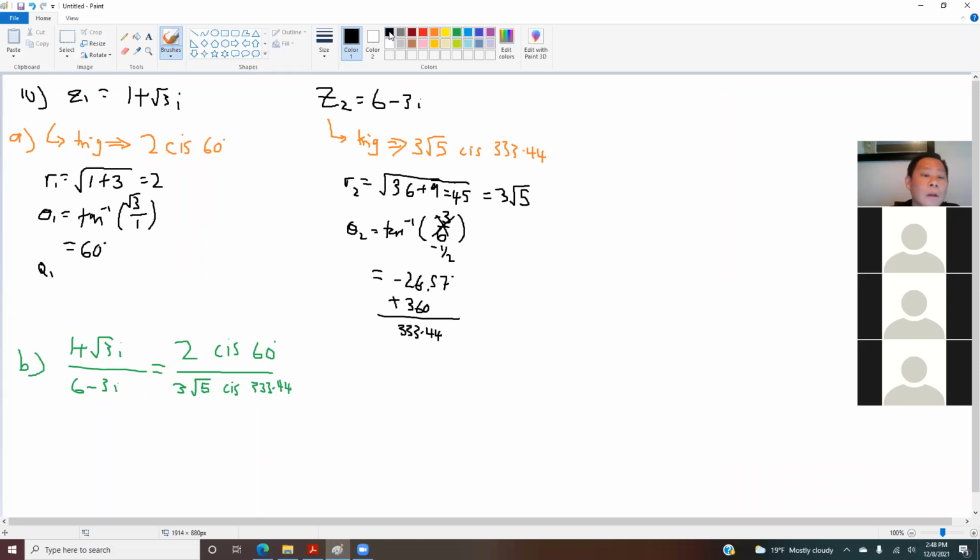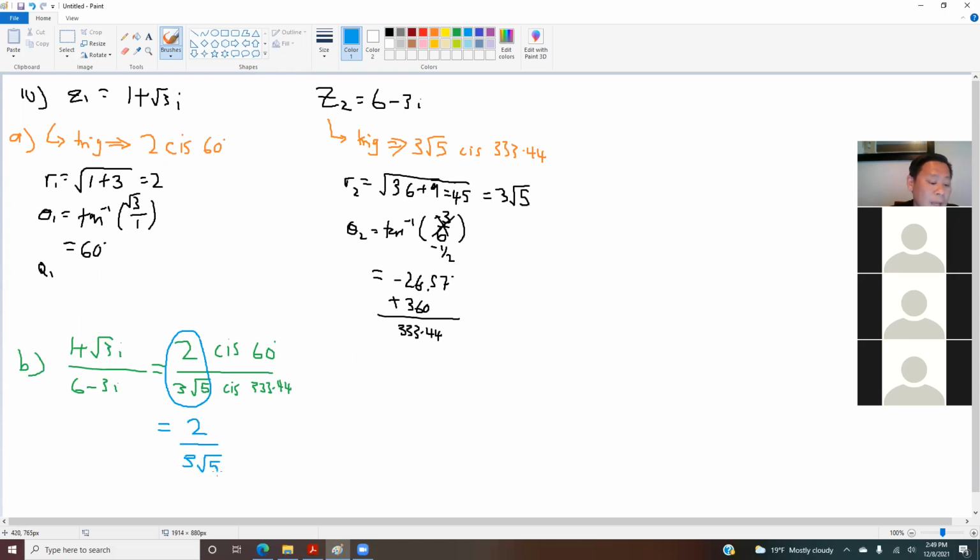Okay. So what you guys do when you divide? What happens to your R's? You just divide. So in this case, it's 2/3√5.